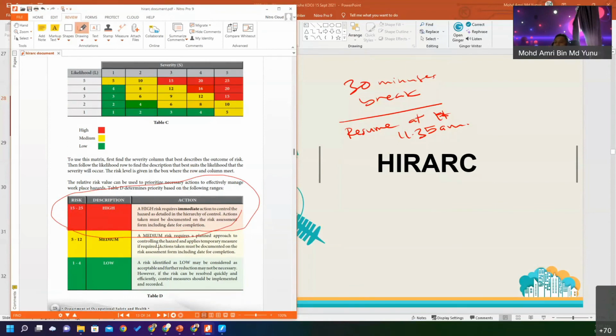So medium, okay, it requires a planned approach to control the hazard. The action taken must be documented on the risk assessment form with the date for completion.